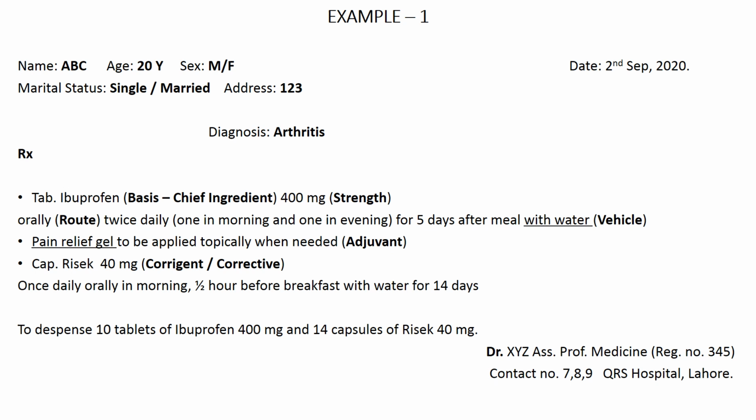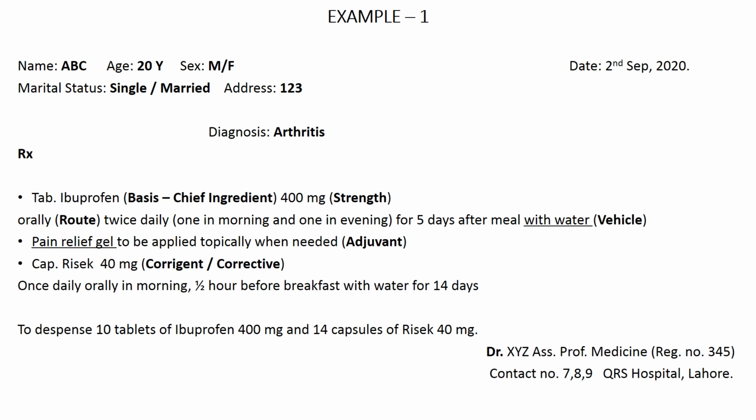In superscription, we write only RX. In inscription, the main drug. In transcription, all the added information. And after this, subscription comes, in which the doctor gives instructions to the pharmacist.